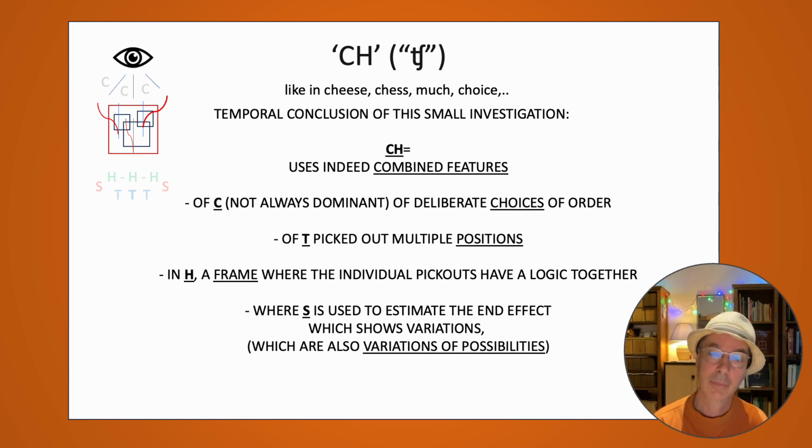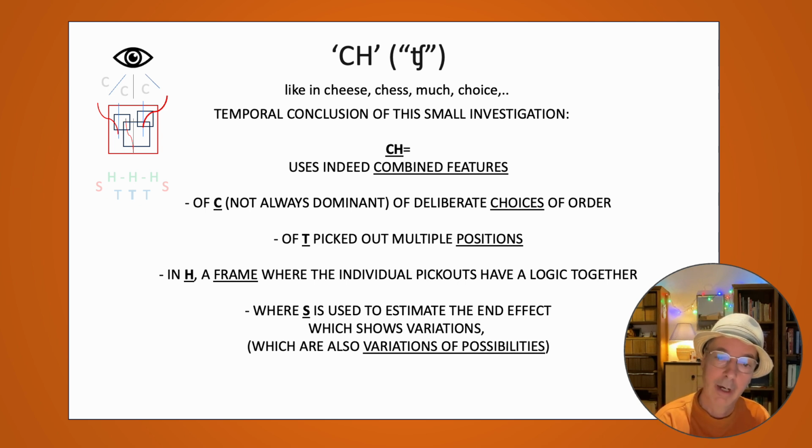The C, for me, wasn't always so dominant, but the C is always about these choices that you make. You make the choices between the variety that you see, and you try to find what works and what you can use. That's what you already do with the C.